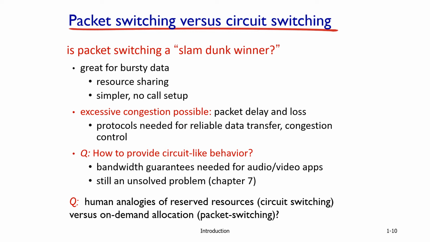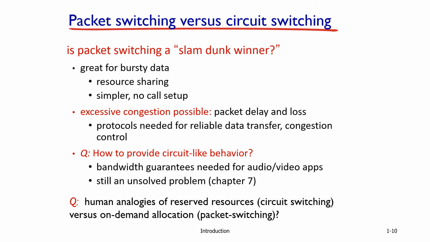And in order to deal with the packet loss due to buffer overflow, we need certain protocols in place. A primary example of the protocol that we use to recover from packet loss is the TCP protocol, or Transmission Control Protocol, that we are going to cover in chapter 3 later on.